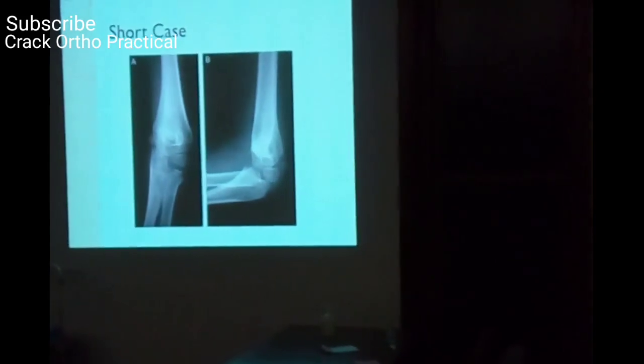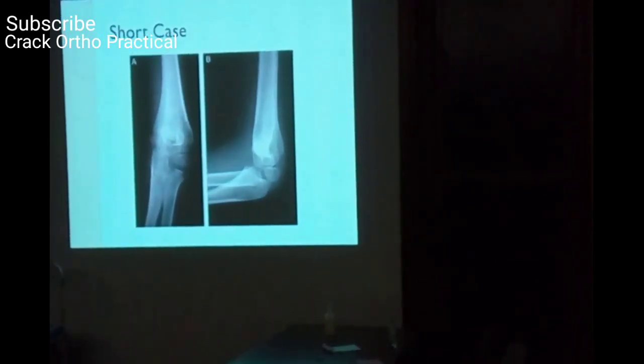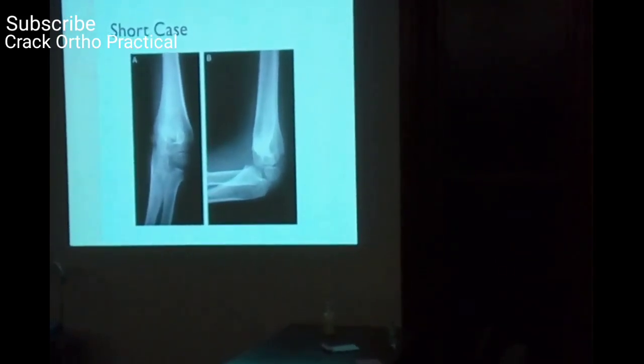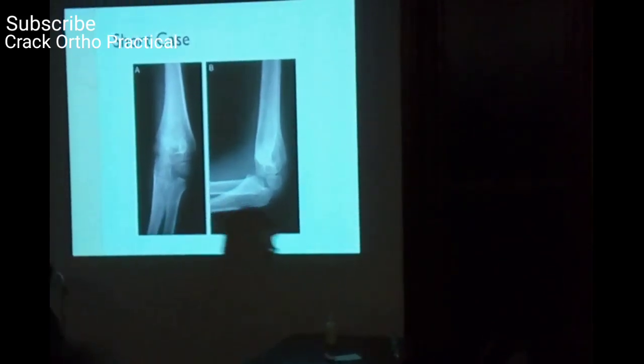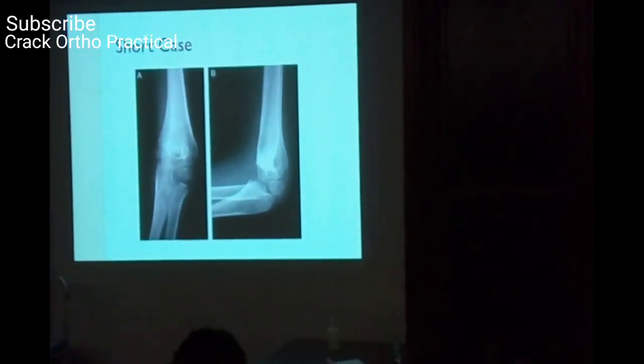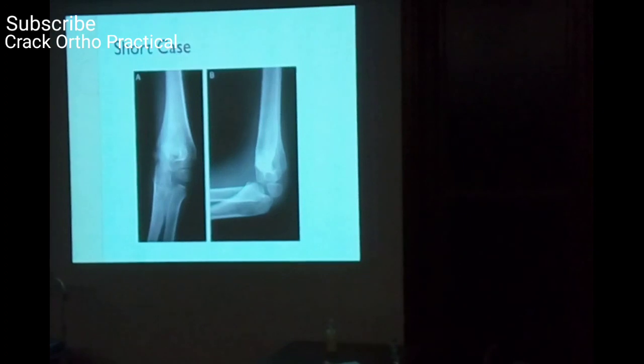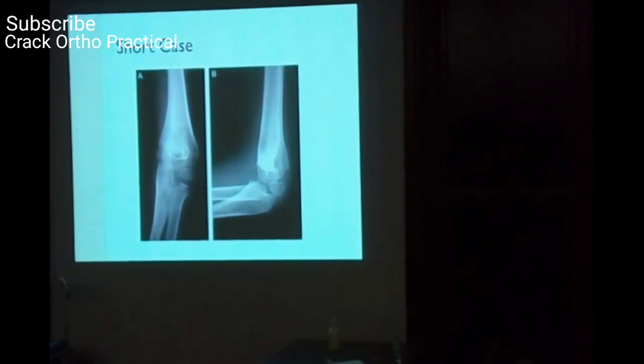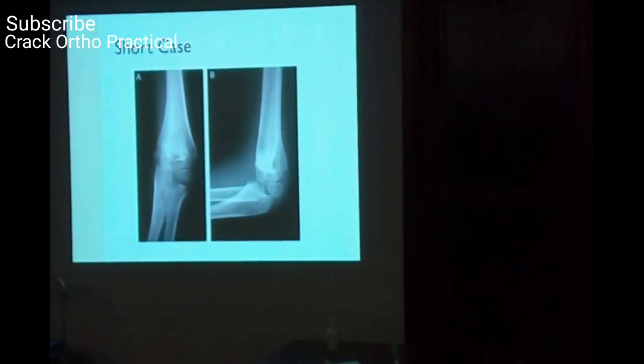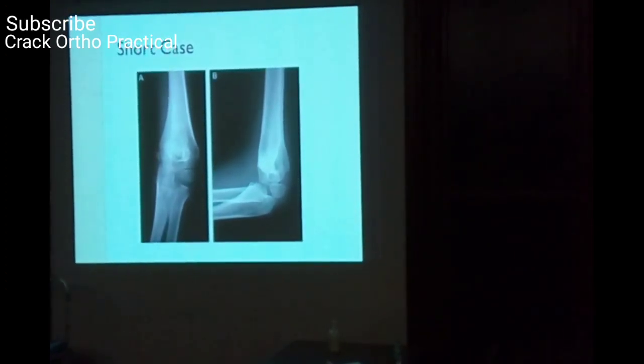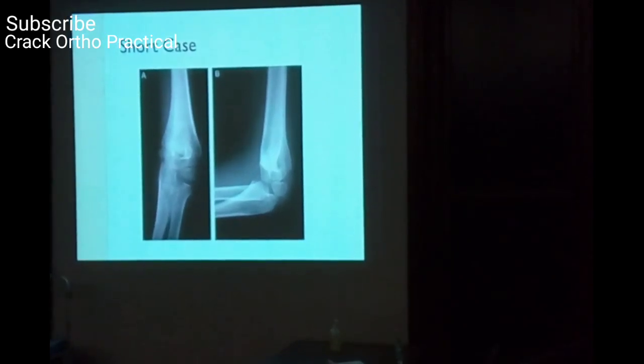And the changes of a healed fracture in the form of sclerosis and, what in the lateral view? So there is an extension deformity of the distal humerus.